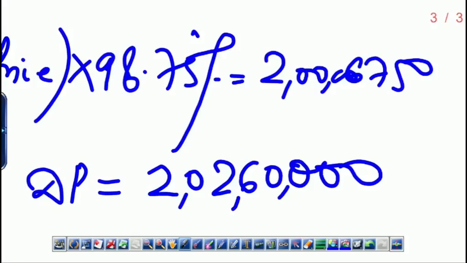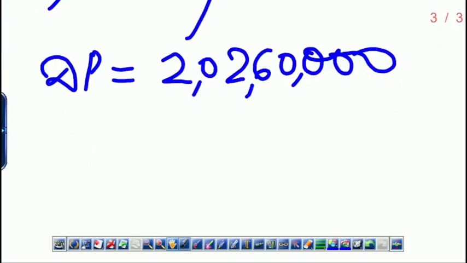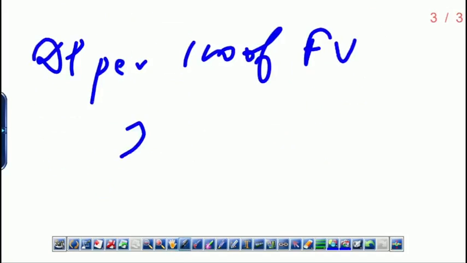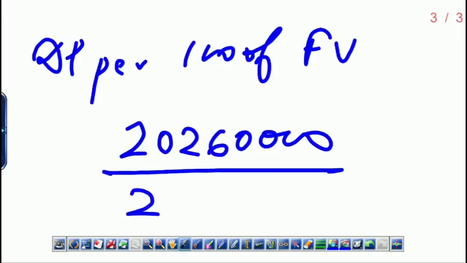This is for a face value of 2 crore. So dirty price per 100 of face value is equal to this divided by 2 crore into 100.